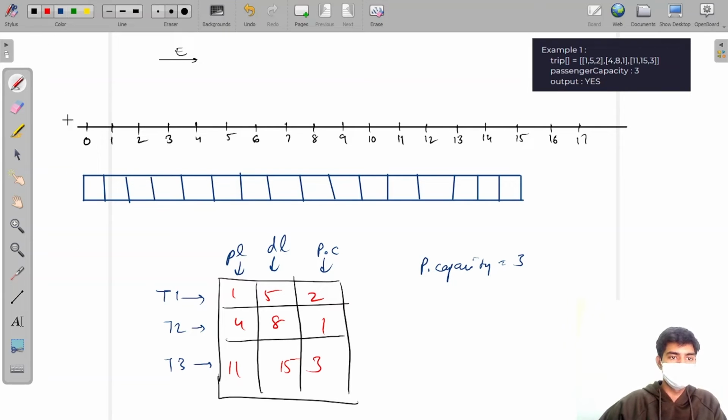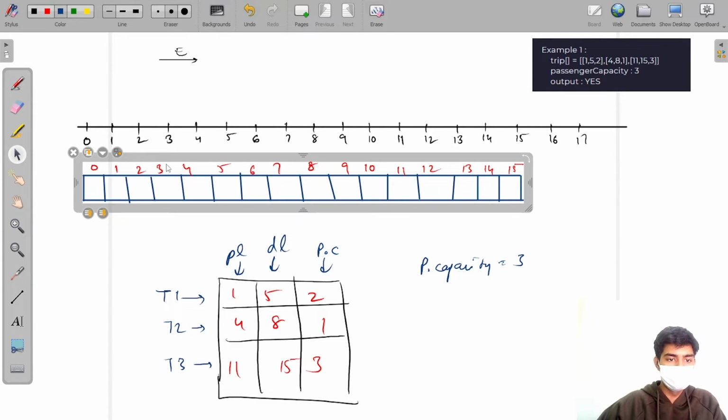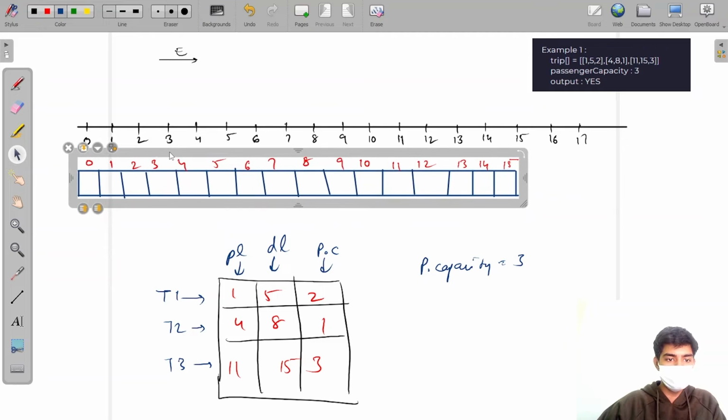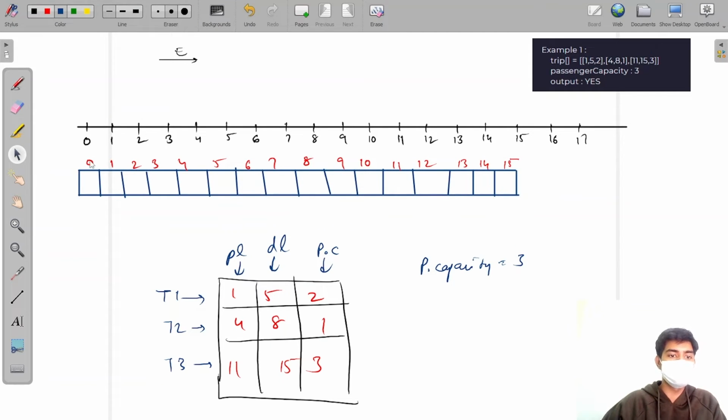If I mark them, I will get 0, 1, 2, 3, 4, 5, 6, 7, 8, 9, 10, 11, 12, 13, 14, and 15. I'll make an array like this, and I'll mark every number, saying that this 0 is representing this 0 on the highway. So this one will represent this one on this highway, right?